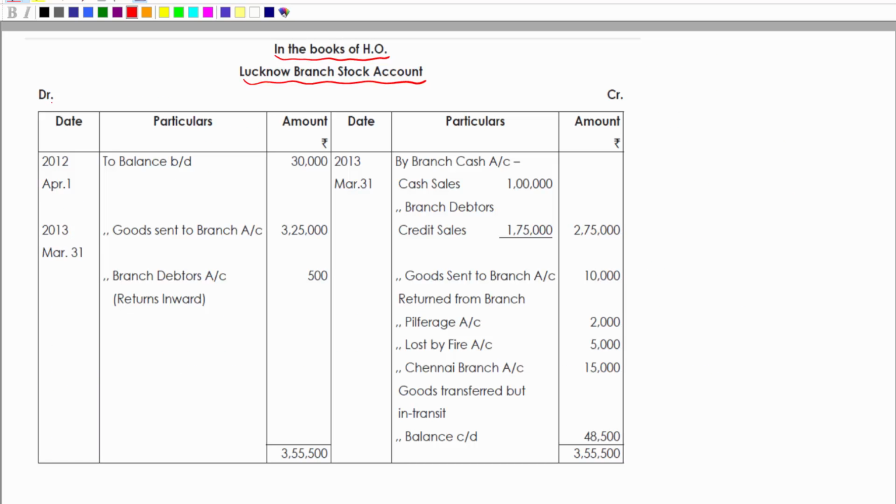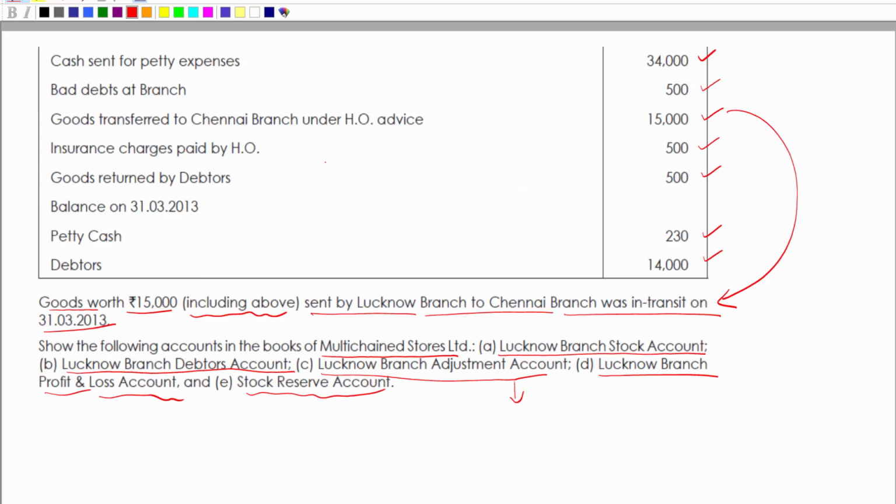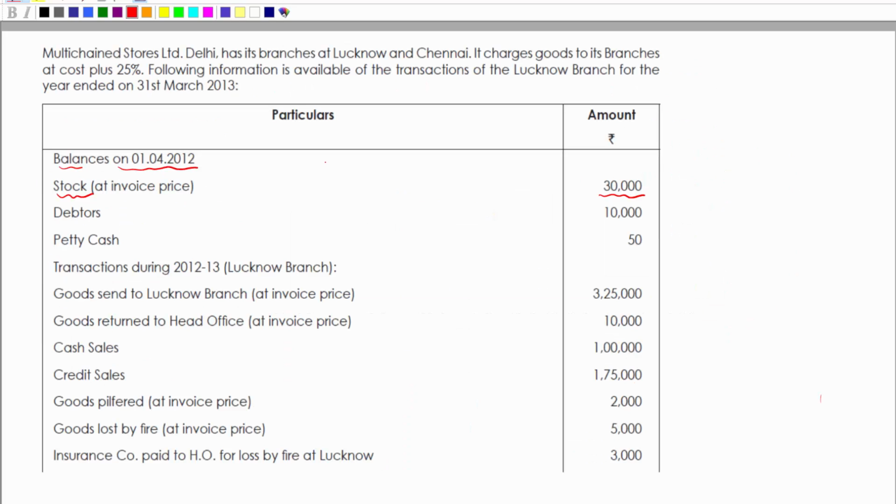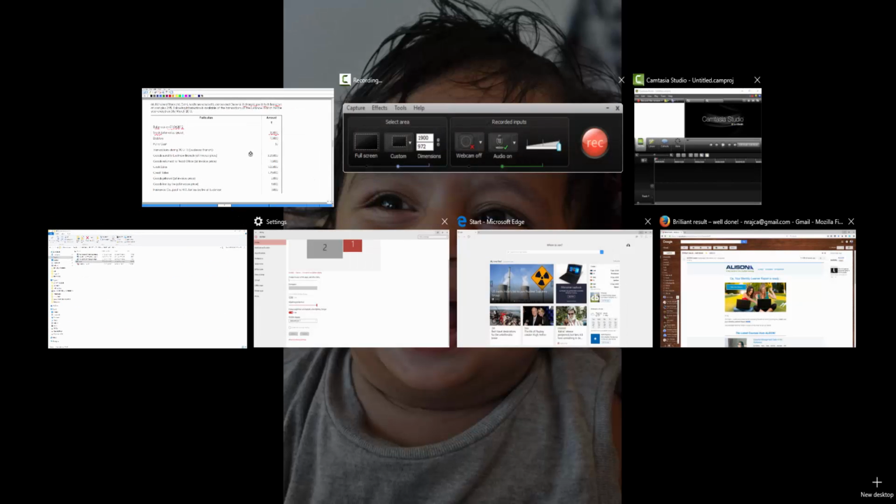In Lucknow branch stock account, and don't forget this debit and credit, on 1st April 2012 on debit side we'll say to balance brought down 30,000. Now understand this 30,000 is at invoice price. And what is the information you have in the question regarding the profit? Question says it charges goods to its branches at cost plus 25%.